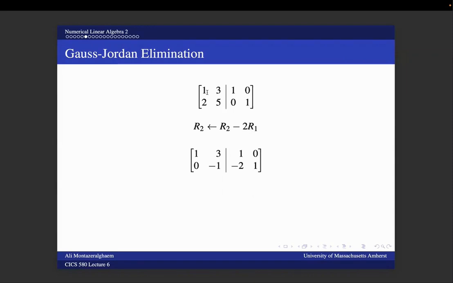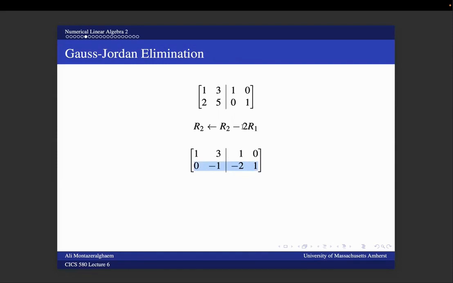For example, if we multiply the first row by 2, we have 2, 6, 2, 0. And then we get the difference between R2 and 2 times R1, and then we replace the second row that we have here with the result, right?